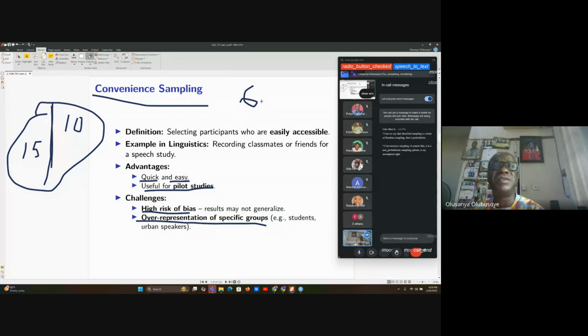Since you want 6, you can decide to say, okay, I want 3 in this group, and 3 in that group. You will then need to employ simple random sampling to draw the 3 you need here. Again, you will employ simple random sampling to draw the 3.